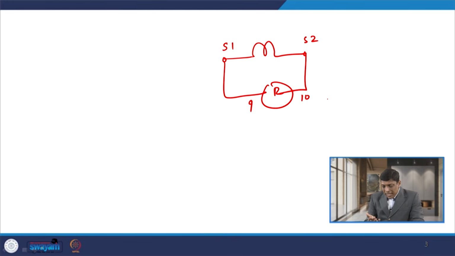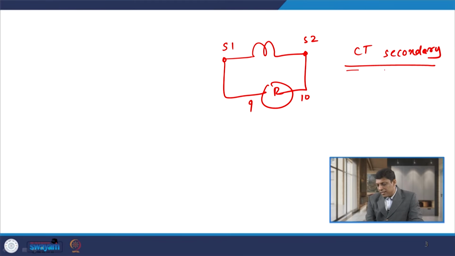Whenever I remove this relay from S1 and S2, because the relay is always connected on the CT secondary, then the CT secondary should not be open circuited. If I open circuit the CT secondary and keep it open, then very high voltage is induced across the CT secondary, and if a person is working in the substation, he may get a shock against this very high voltage available across the CT secondary.